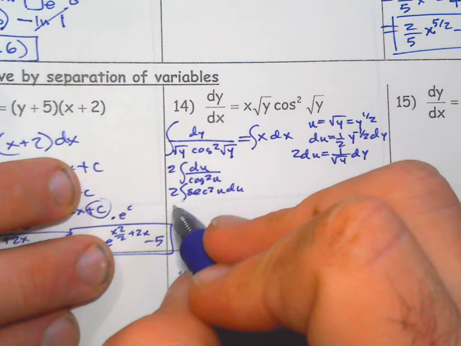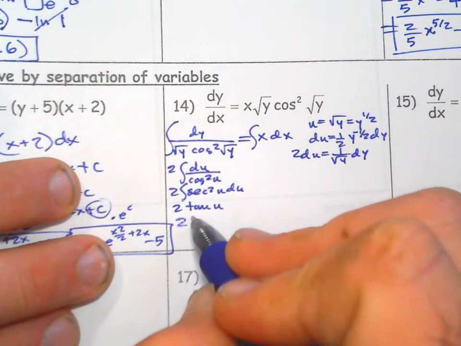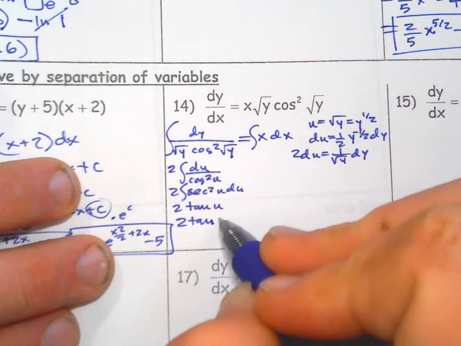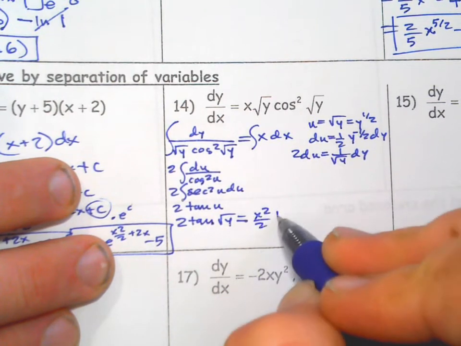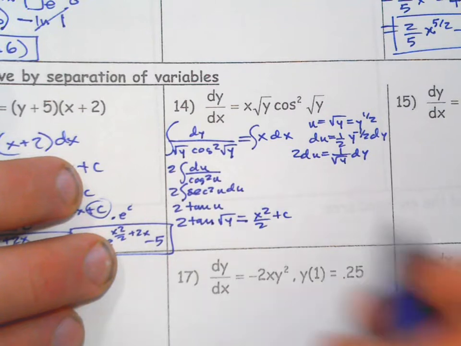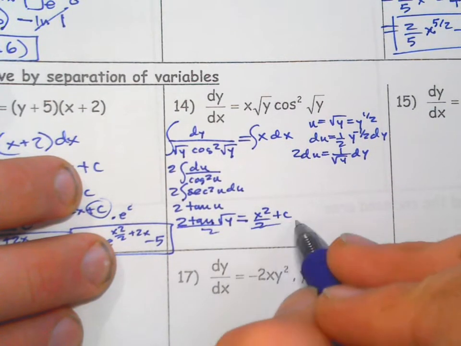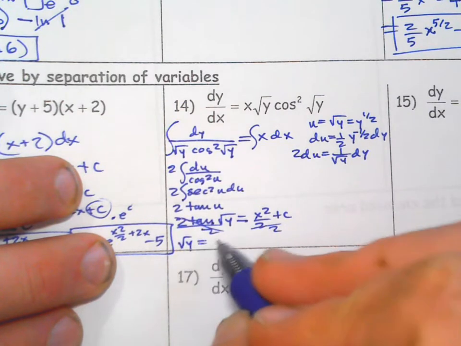So this is going to be 2 tangent u. And then change it back into terms of y. It's going to be square root of y. And on the right side, you're going to get x squared over 2 plus c. So we've done it. Now we got to get the y by itself. So we're going to divide both sides by 2, right? We're going to take inverse tangent of both sides.